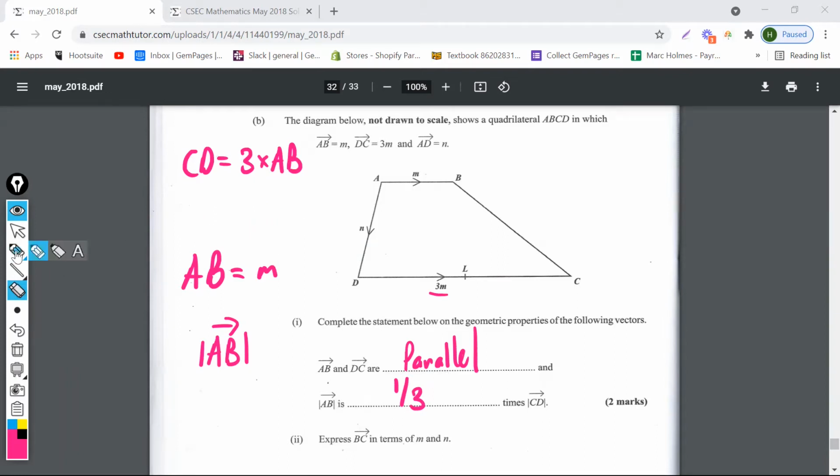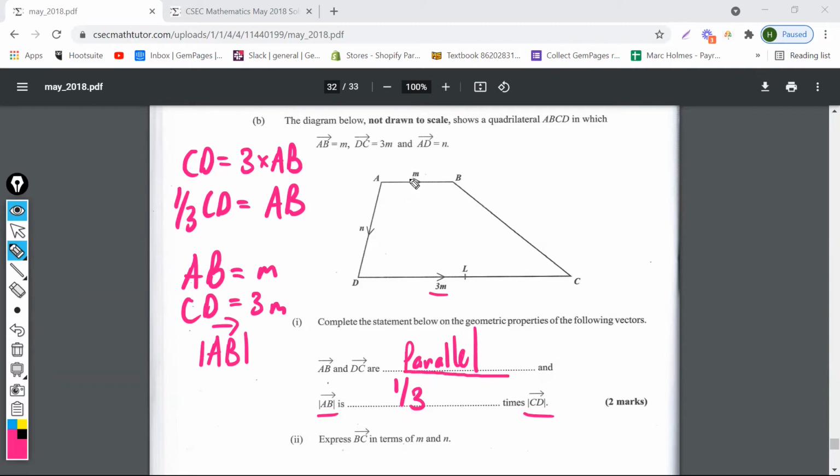So if CD is equal to 3AB, then 1/3 CD is equal to AB, right? So the length of AB is 1/3 CD. Cool. I think that makes sense. So it's definitely parallel for sure because it's clearly a trapezium. And yes, AB is 1/3 times CD for sure. So that solves the first part. Kind of simple to me, not really too bad.